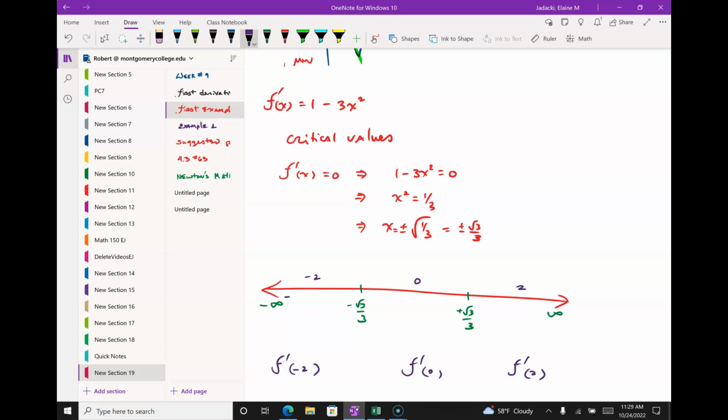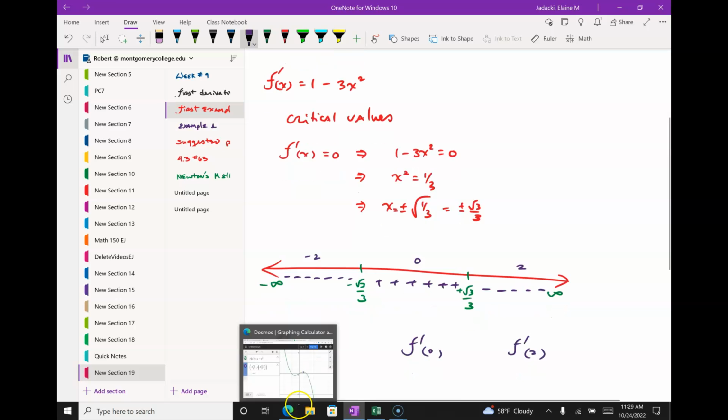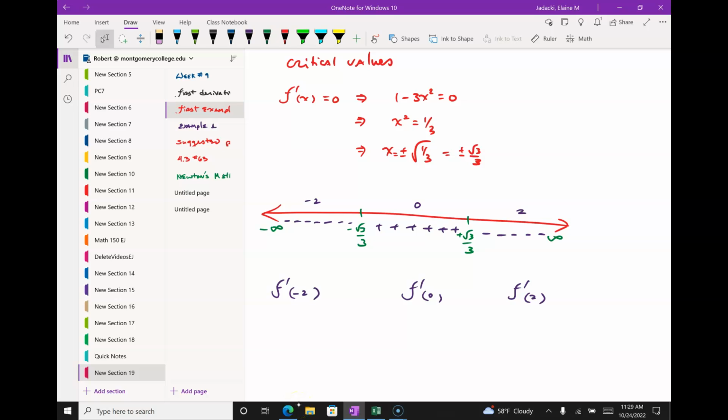The derivative is negative here, positive here, and negative here. How am I doing that? I know when the function is decreasing, the derivative must be negative. When the function is increasing, the derivative must be positive. When the function is decreasing, the derivative must be negative. So I can tell those things from the graph. I don't have to plug it in, but certainly I can plug it in as well.